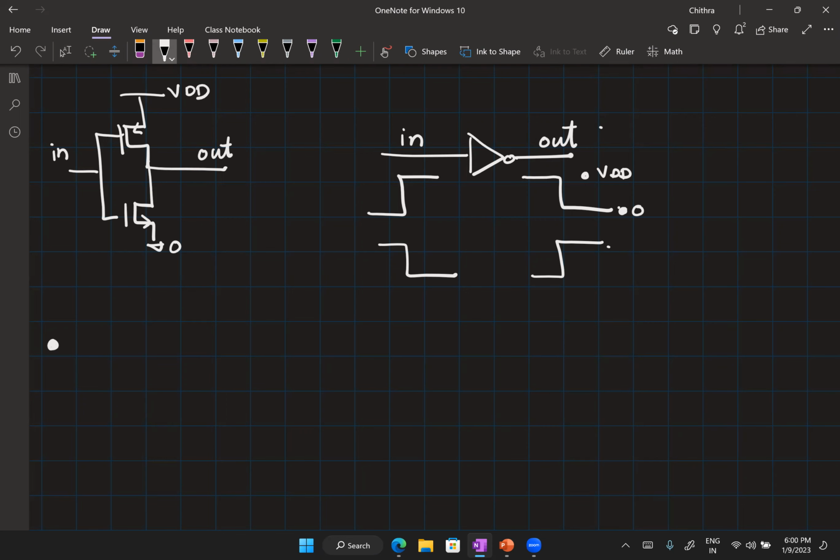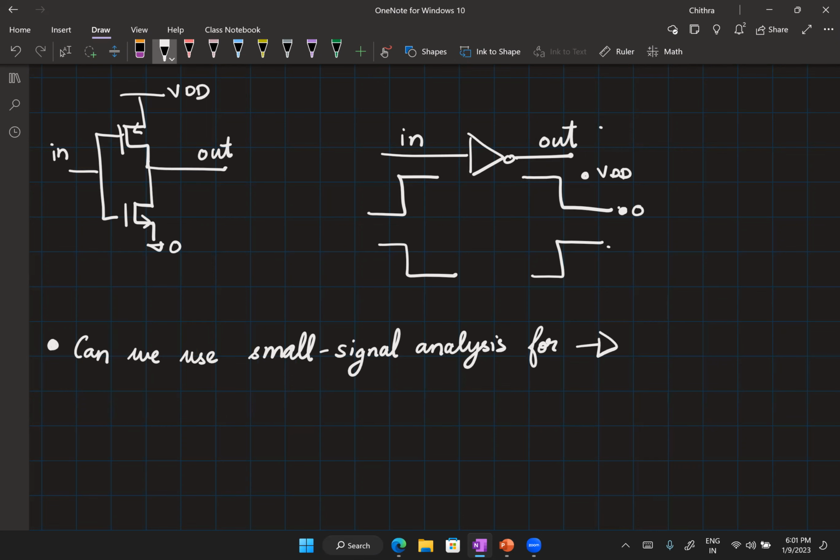So is the question clear? Question is, can we use small signal analysis for the inverter when it is driving a clock signal or a signal as shown?